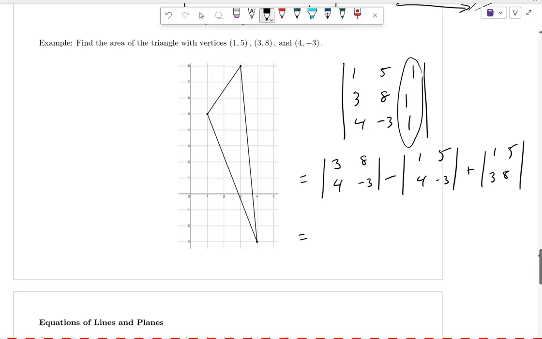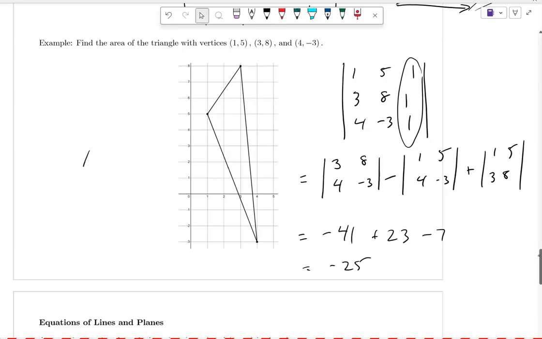Okay. Negative 9 minus 32, minus 41. Negative 3 minus 20 is negative 23, but we'd be adding it. 8 minus 15 is negative 7. What is that? Negative 25. I didn't put the 1/2 in front of it either, did I?